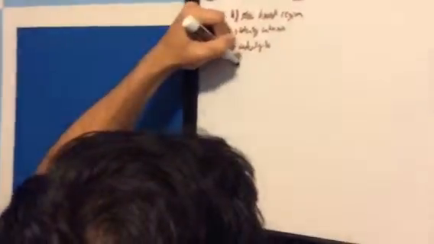Step 4 is to draw the representative rectangle. And step 5 is to identify big R and little r, like we talked about before. And step 6 is to integrate.